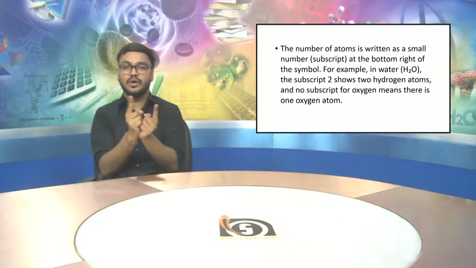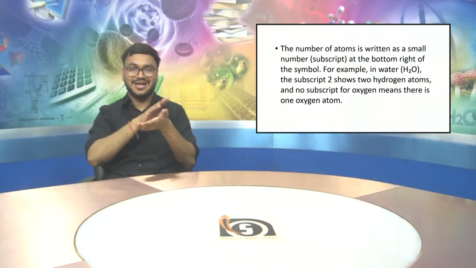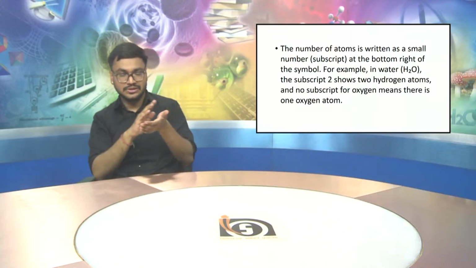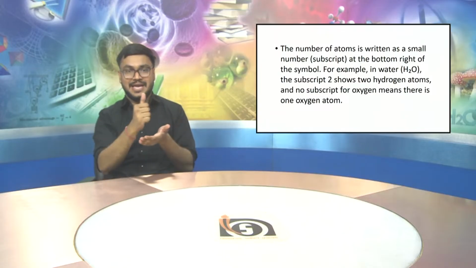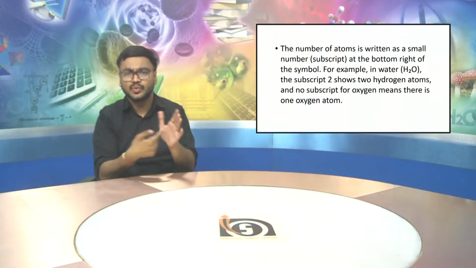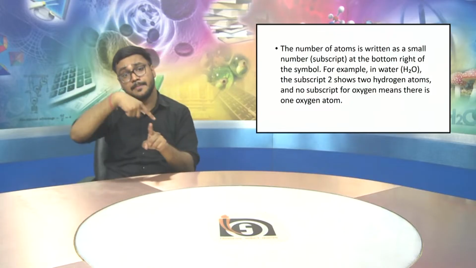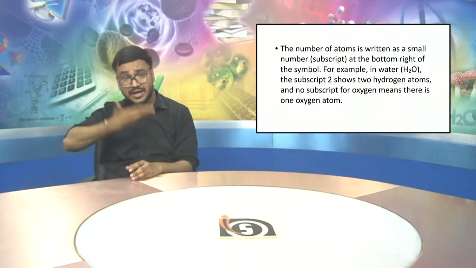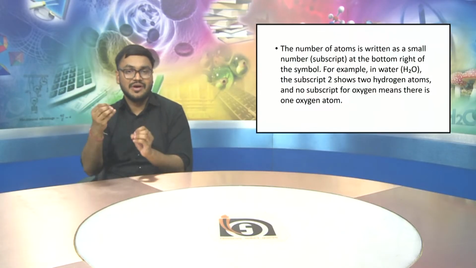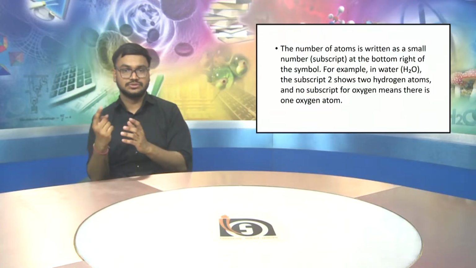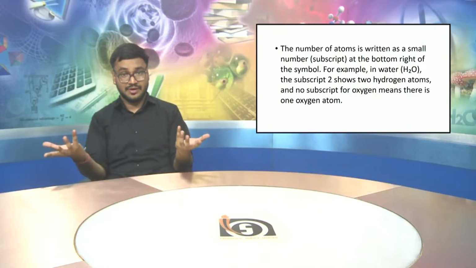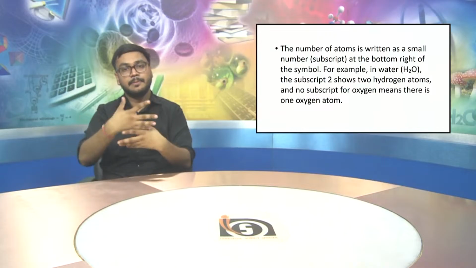The number of atoms is written as a small number at the bottom right of the symbol. For example, in water H2O, the subscript 2 shows 2 hydrogen atoms, and no subscript on oxygen means there is 1 oxygen atom.